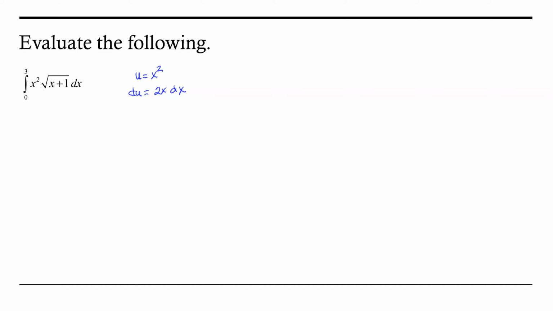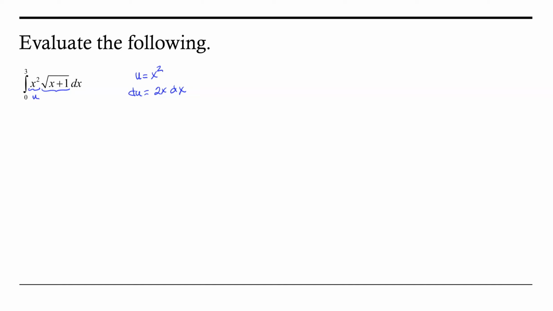And if I had an extra x floating around, I could substitute. And so I could say, okay, well, this part I'll make a u, but if I call u x squared, I'm a little bit stuck at what to do with the x plus 1.